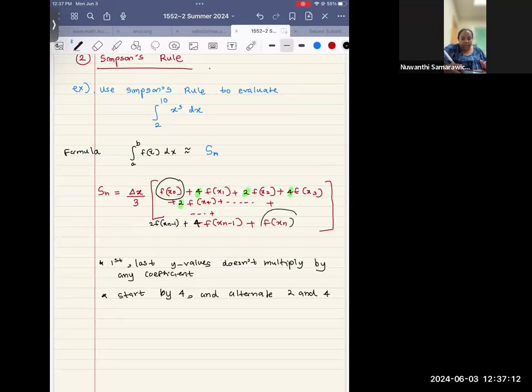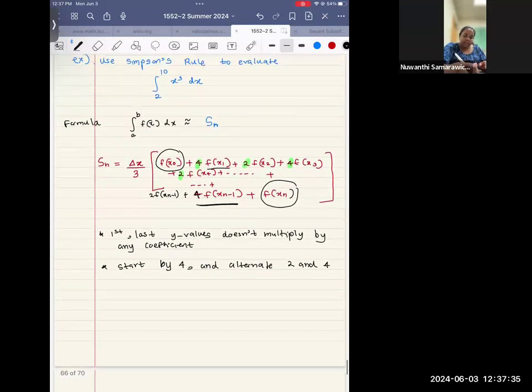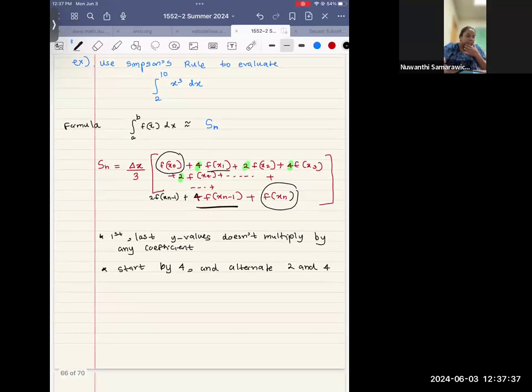The second point, f(x1), we start by multiplying by 4 and then we alternate 4, 2, 4, 2, 4, 2. The one before the last one should be 4. You will understand when we do the example.